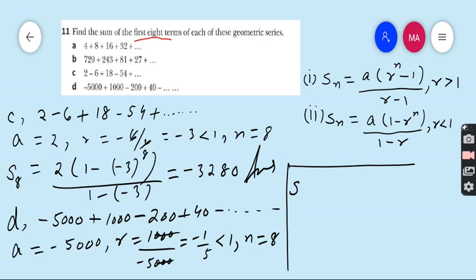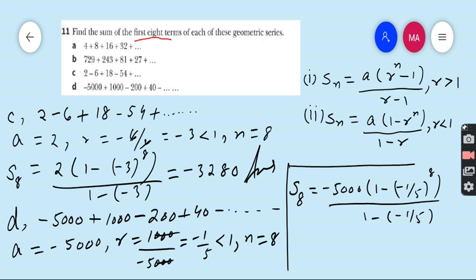So S8 is equal to A, that is minus 5000, into 1 minus R, where R is minus 1 upon 5, to the power 8, upon 1 minus R, 1 minus minus 1 upon 5.